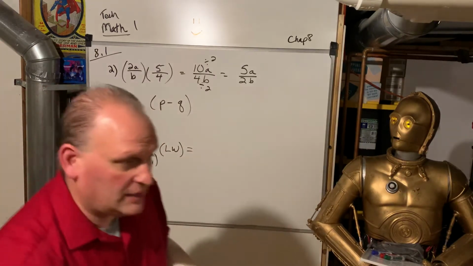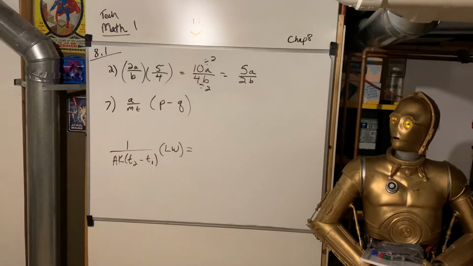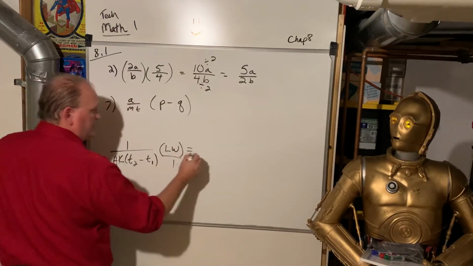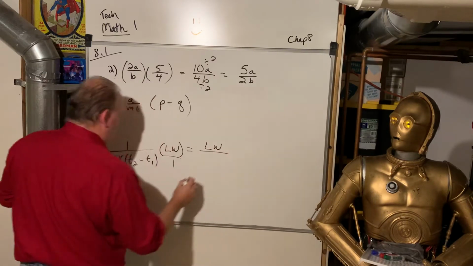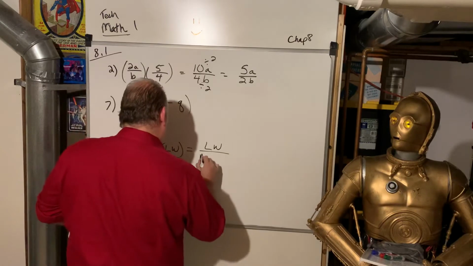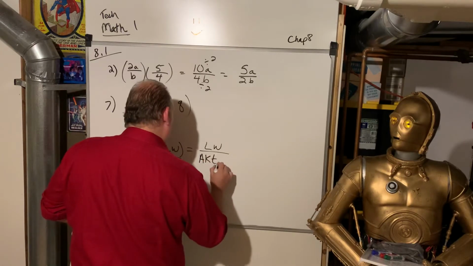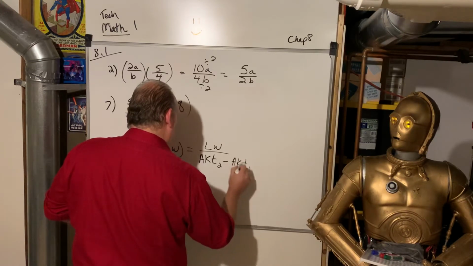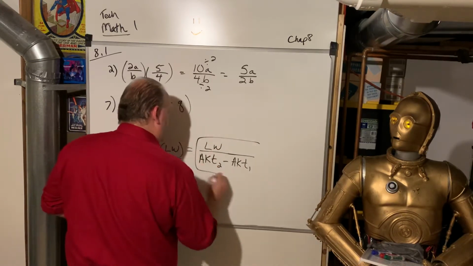Okay? And so again, lw is actually lw over 1. Put that over 1, top times top, bottom times bottom. You can do the distributive property. And that's it for that one.